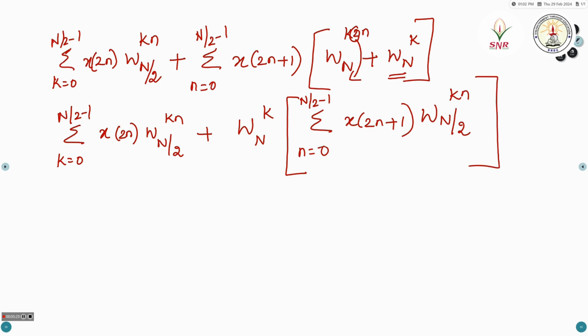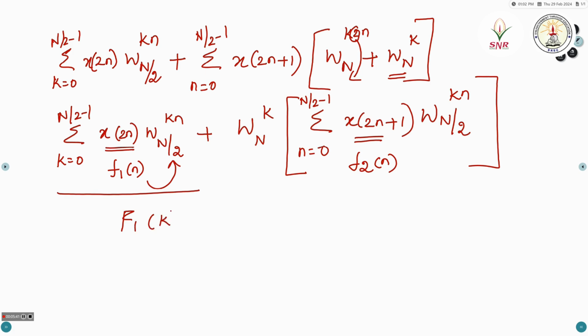So from this we can state this is f1(n) and here it is f2(n). Both represent the formula for DFT. So this whole term becomes F1(k) plus W_N^k into F2(k).